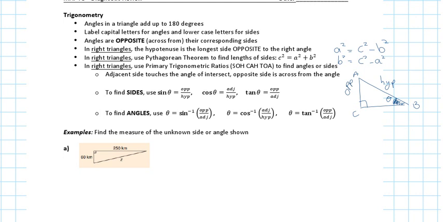If your angle of interest is A, then where would be your opposite? The BC. And then what would be your adjacent? AC. So knowing how to name your triangle is important, because then you know which trig ratio to use.